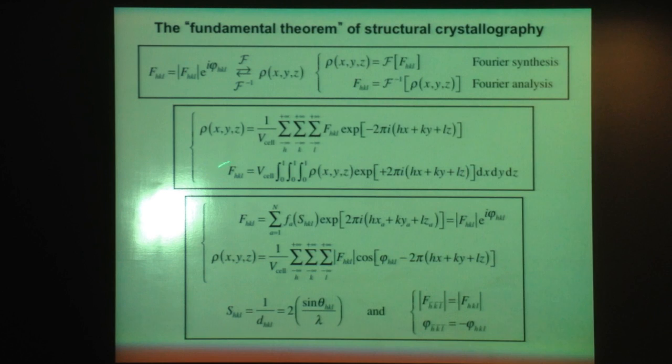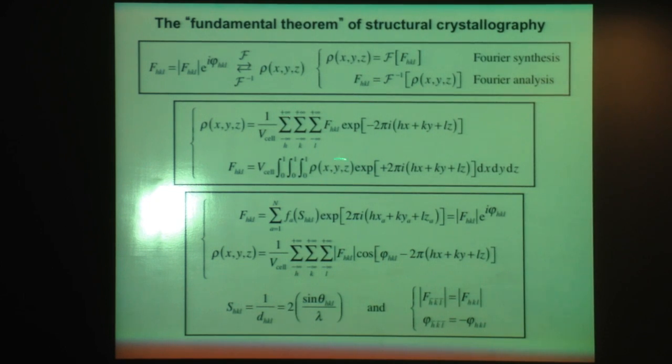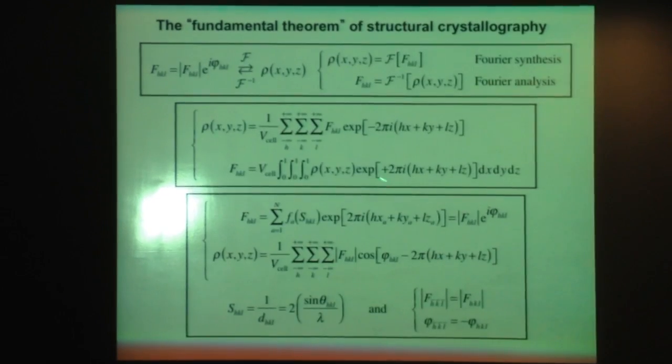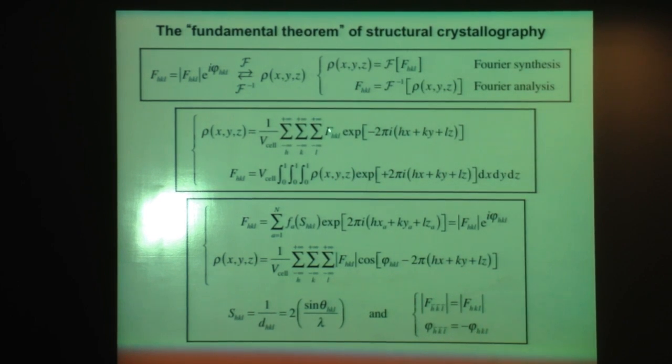And then to use the Fourier representation to get the structure factor values from a known or given electron density distribution, even if it's only an approximate one, again, we multiply by the kernel, this time with the positive sign in the exponent, and then sum. But in this case, since the electron density function is continuous, whereas the structure factors just populate the reciprocal space at the reciprocal lattice points, we perform an integration.